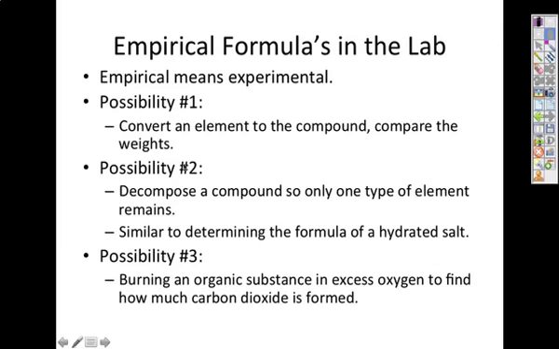Third possibility, we can burn an organic substance in excess oxygen to find out how much carbon dioxide is formed. It's written down for you already on the back of the page.